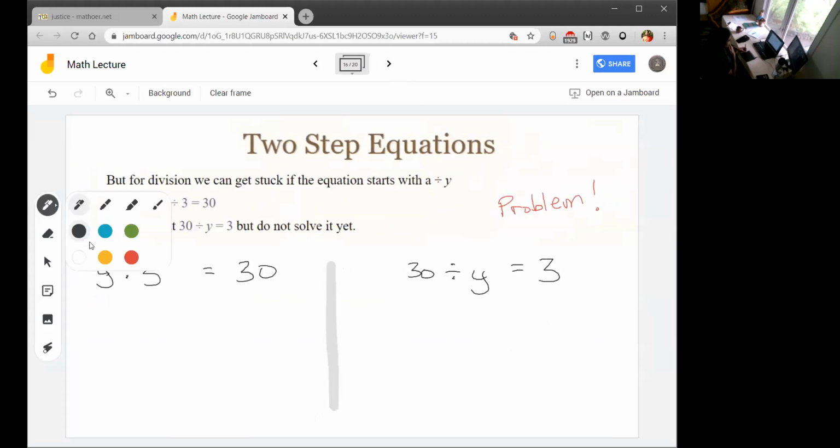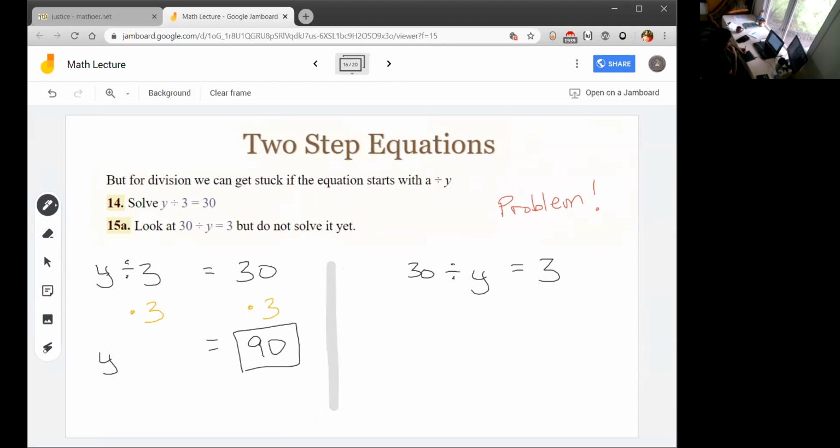If I want to solve this problem, I can say, well, y divided by 3 and then times 3 gets me back to y. And I could get y is 90. And you can check that that's true. If I plugged in 90, 90 divided by 3 would be 30.